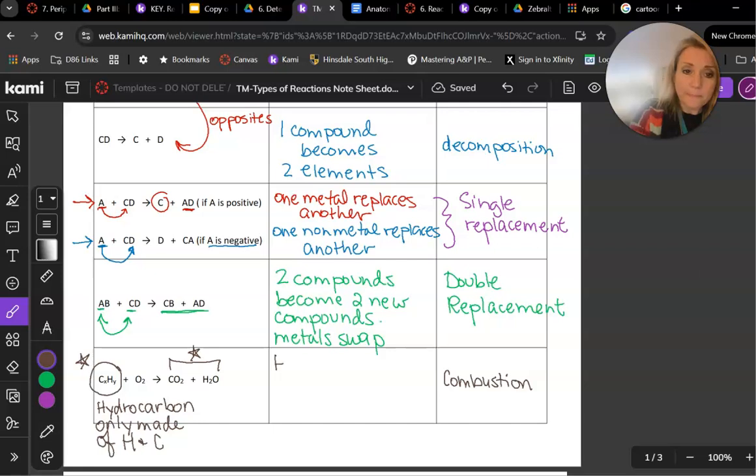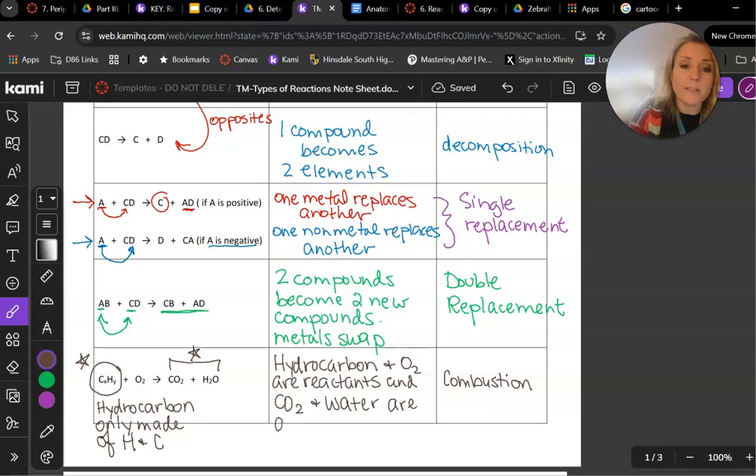Hydrocarbon as one of the reactants, and carbon dioxide and water are always the products.